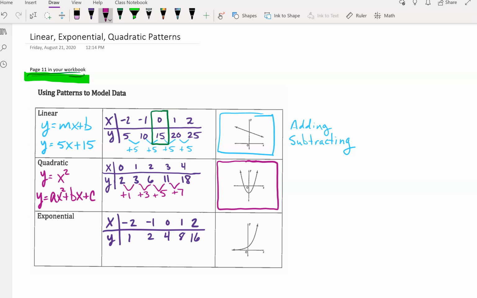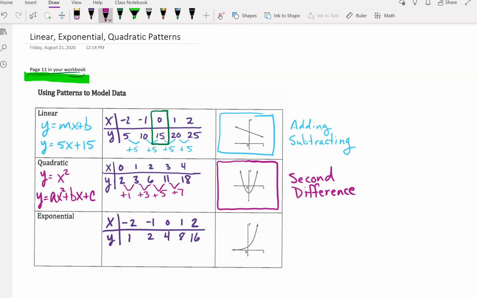But I do see a pattern here with this 1, 3, 5, 7. So if you go to the second level, or what is called the second difference, and you see a pattern, that is going to make it a quadratic.